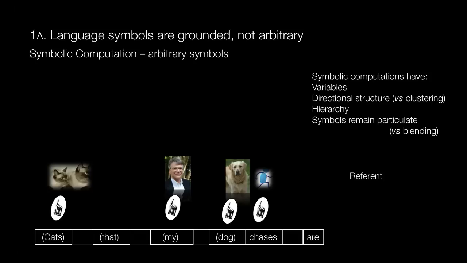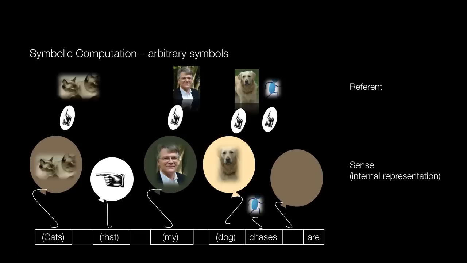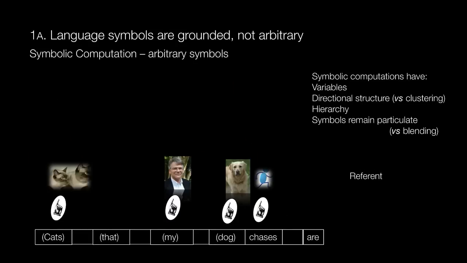Now, there's a problem, though. Let me point out the problem. There's nothing in these words that says how to assemble this picture. So you've got these references, but how do you assemble them?